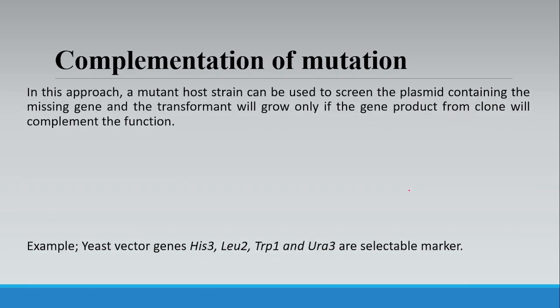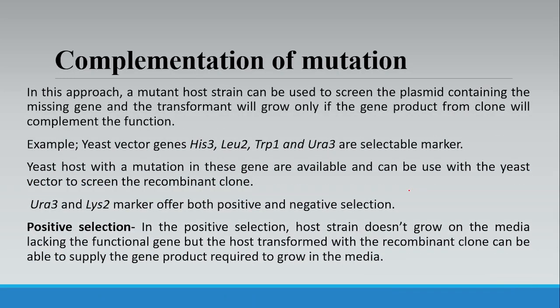Now, another methodology of direct selective pressure is complementation of mutation, which you can use when you are utilizing yeast vectors. We know the yeast vectors carry certain genes like HIS3, LEU2, TRP1, and URA3. These are the selectable markers which are utilized.